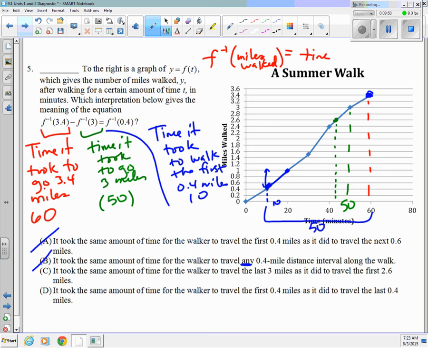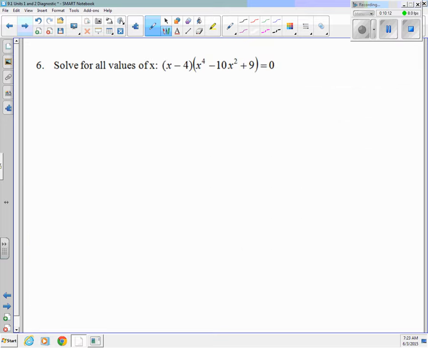So that's out from the graph. And so you're left with choice D. It took the same amount of time for the walker to travel the first 0.4 miles as it did to travel the last 0.4 miles. If I subtract 60 minutes to walk 3.4 miles from 50 minutes to walk the first 3 miles, I get 10, which is the number of minutes it took to travel the last 0.4 miles. So that's your answer.